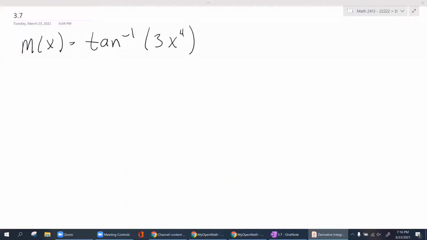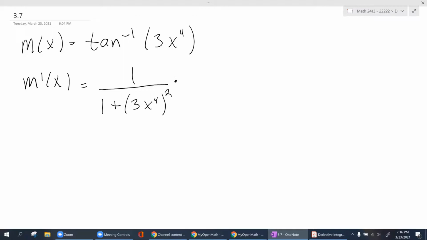Let me write this out. M prime is just going to be 1 over 1 plus whatever's on the inside squared, times the derivative of the inside. The derivative of this gives me 12x to the 3rd.